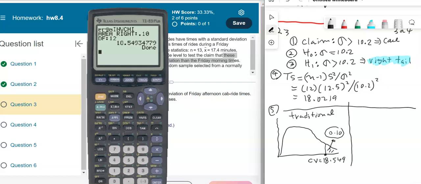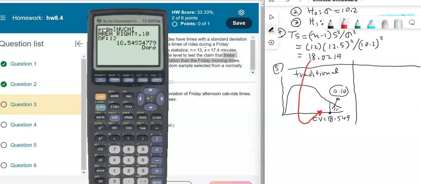Yes, 18.549. Now, our test statistic is 18.02. So this is not quite inside. Okay, it is outside. Now, since it is outside, what do you do? You fail to reject the null hypothesis. Okay, so this is what? Case 4.